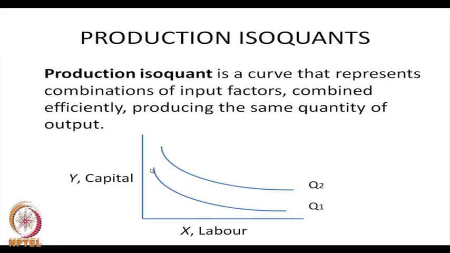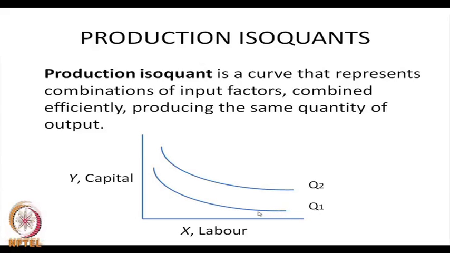This curve is for Q1, let us say, and this curve is for Q2. It means that to produce a quantity Q1, different combinations of labor and capital could be used. We could use low capital but high labor, or high capital requiring less labor. We may also get the same quantity produced.